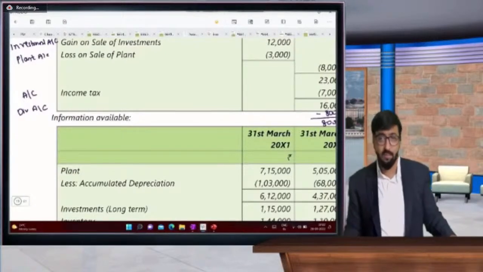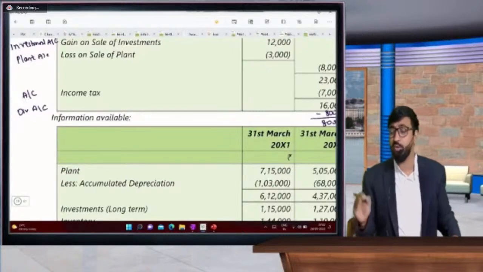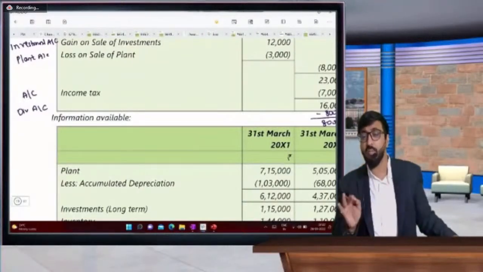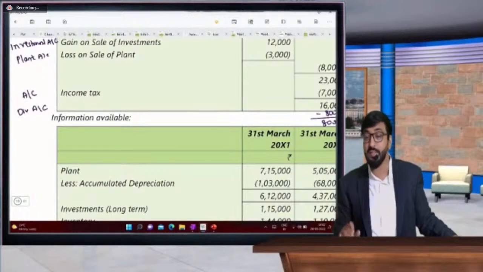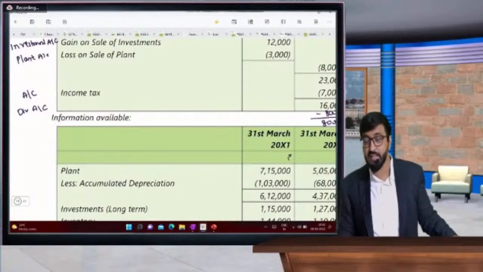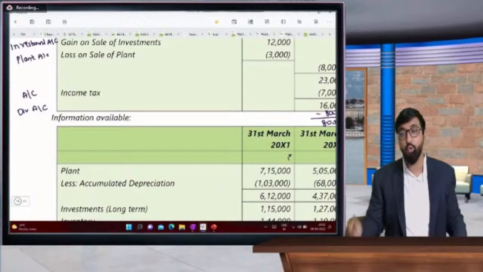If anyone asks you what the difference between direct method and indirect method is, just tell them: in direct method, in the P&L account, we consider all items by giving one effect. In indirect method, we ignore operating items, as we are starting with net profit or retained earnings, and we eliminate non-operating or non-cash items by giving two effects.